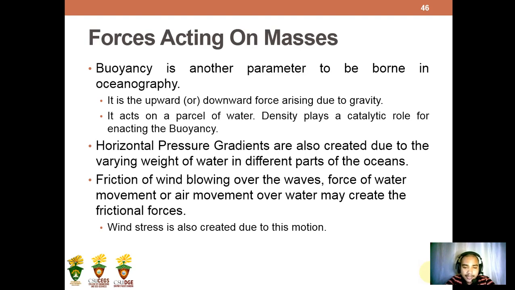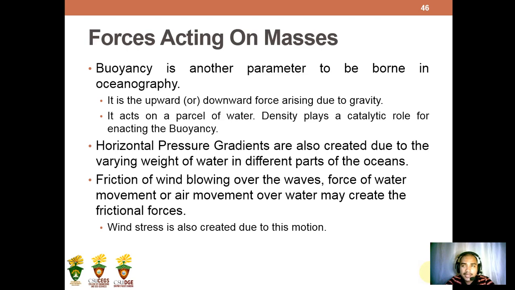And horizontal pressure gradients are also created due to the varying weight of the water in different parts of the oceans. And the friction of the wind that blows over the waves, the force of the water movement and air movement over the water, may create frictional forces.